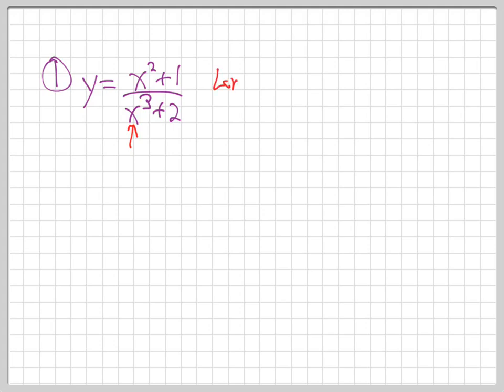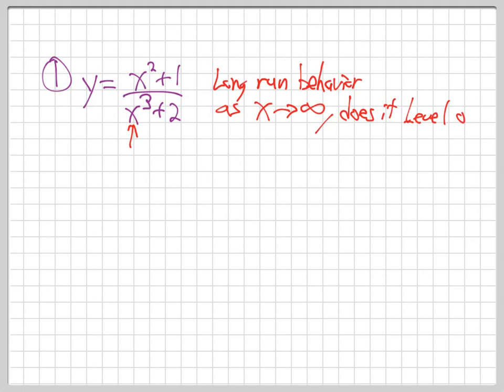So long run behavior, meaning as x goes to the right forever, as x goes to infinity, does it level off? That's what we're asking.